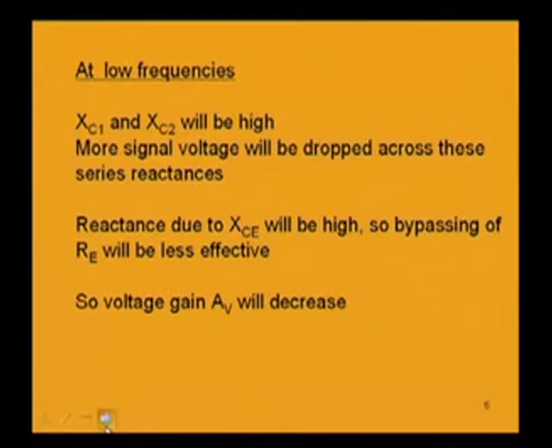Now the other capacitances which are present in the transistor, the diffusion and transition capacitances, cannot affect this, because the capacitive reactance offered by these capacitances is 1 by 2 pi Fc. Now frequency is smaller, so the reactance will be even higher than in the mid frequency range.